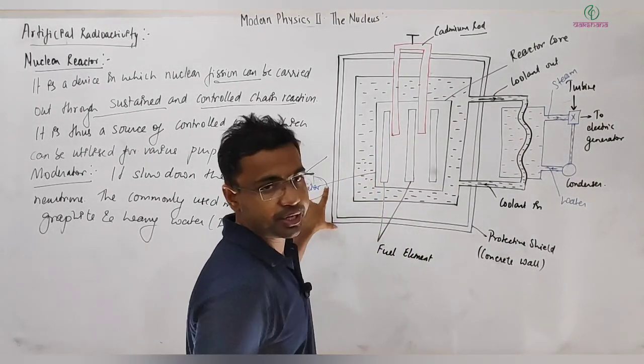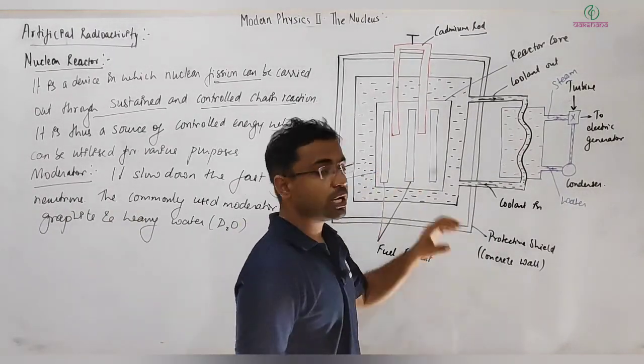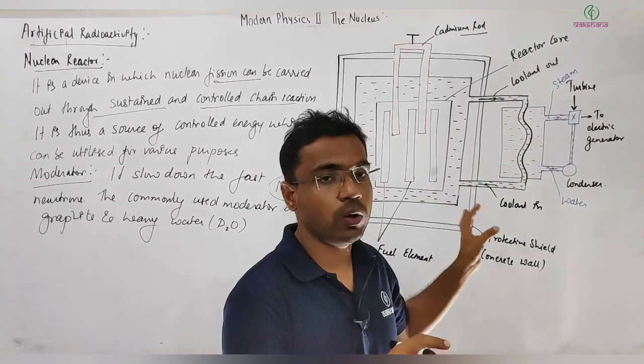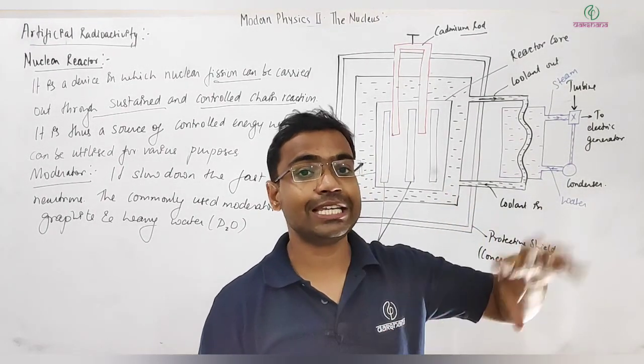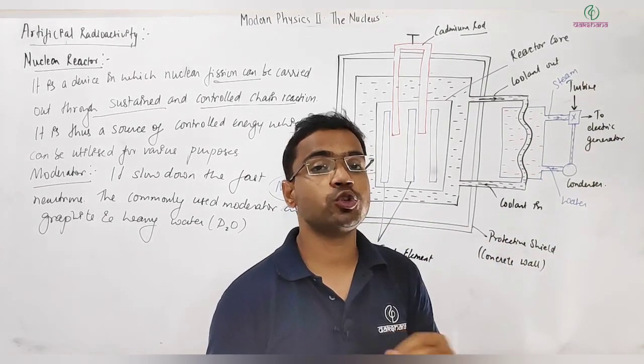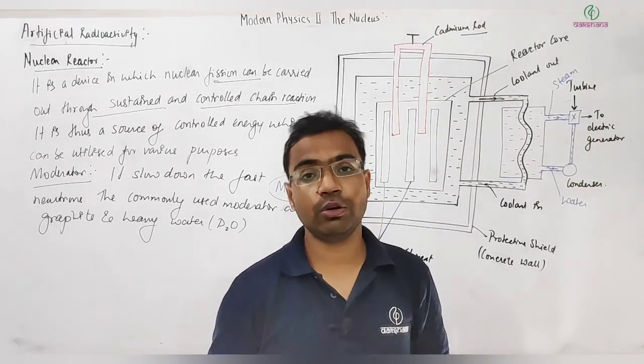That is done by the moderator, and the commonly used ones are graphite and heavy water. Now these slow neutrons are also increasing in number, because in the first fission, on an average, 2.5 neutrons are released per nuclear fission.